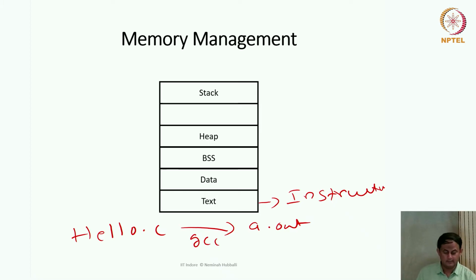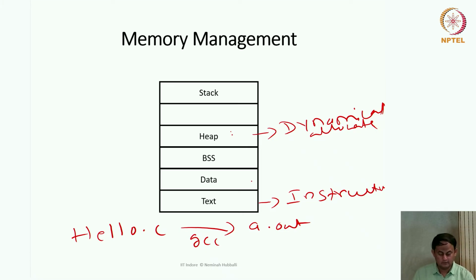Similarly, the program might have some dynamically allocated variables, for example with malloc, calloc functions in the C programming language. Such dynamically allocated variables, any that are there, come and sit in this heap section.